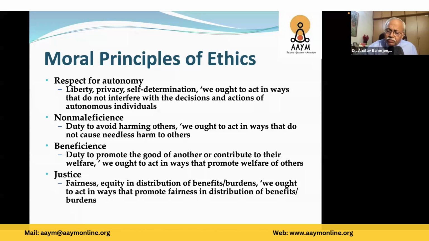Many times these poor countries are used as a petri dish for research on unknown drugs. So that is not fair. Or certain groups may be used, or prisoners may be used. So that is not fair. All that is again a violation of the autonomy principle also, besides the injustice.